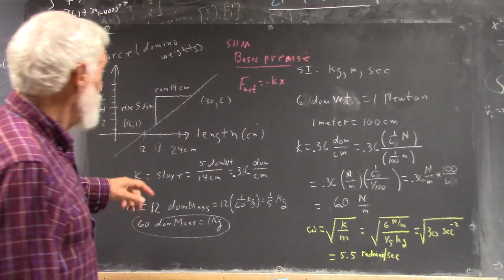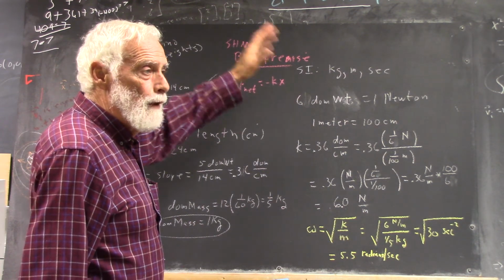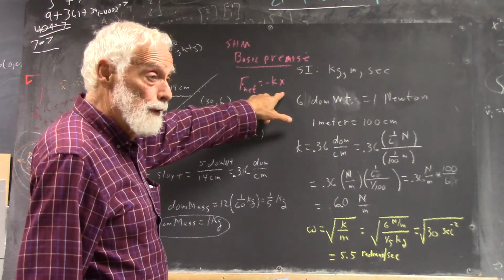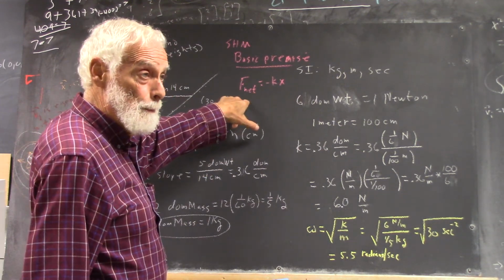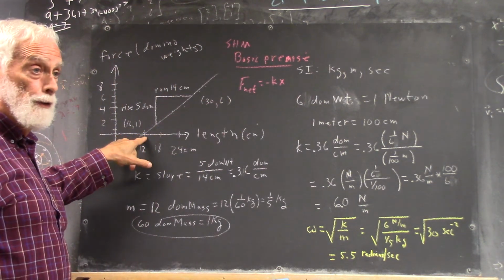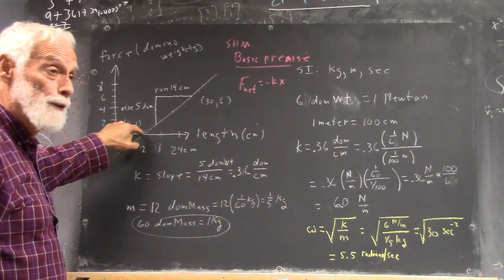Now I'll point out that F net equals negative kx would imply a graph of net force versus position that goes through the origin, because when x equals 0, F net is 0. This graph doesn't go through the origin, does it? No.